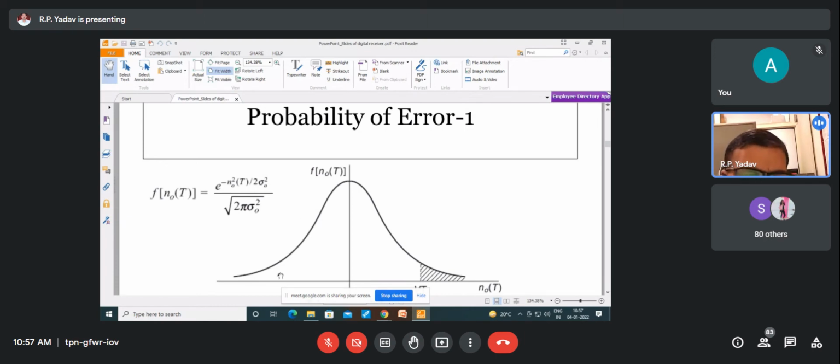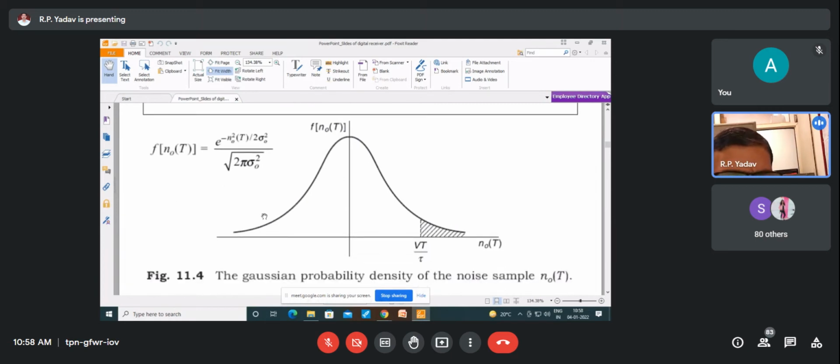So if I plot the Gaussian distribution for the noise, I can write Fn0t as e to the power minus n0 square t upon 2 sigma 0 square, upon root 2 pi sigma 0 square. I think every student understands this Gaussian probability density function. Yes or no? Do you appreciate this Gaussian probability density function?